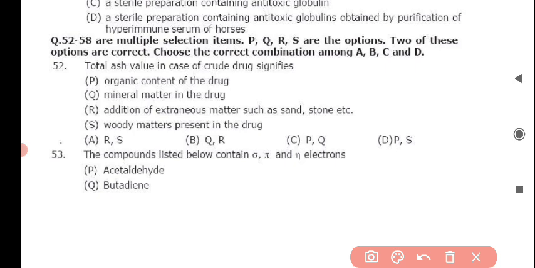So from this question onwards, multiple options are to be selected as correct. For this question, the correct answer is option B, that is Q and R are the correct options.